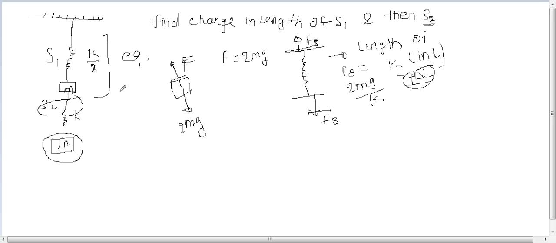Now we are going to draw the free body diagram of this. Question: who has applied this force? This is the mg, and this is the Fs. To keep it in equilibrium there must be a force here.